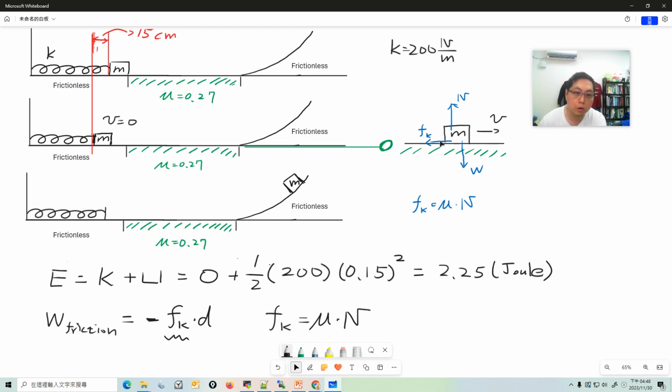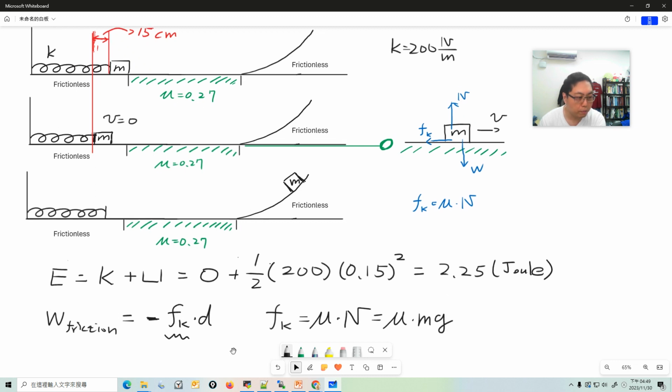There is no acceleration in the y direction, since it only does horizontal motion. So the normal force is just equal to the weight, and the friction force is equal to nu m g.